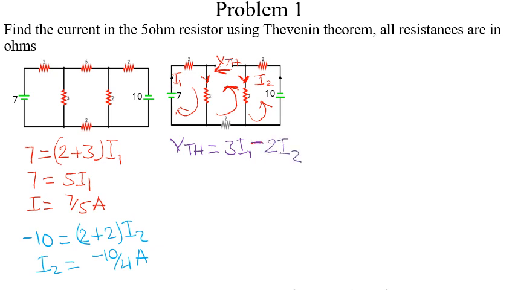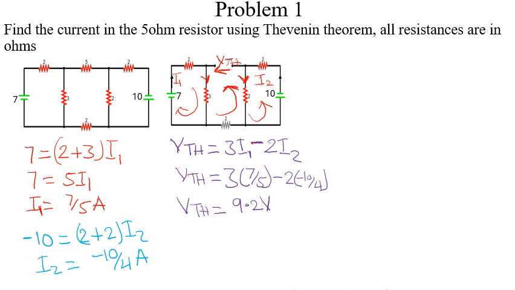We found the value of I1 and I2 already. So VTH is equals to 3 times 7 over 5 minus 2 times minus 10 over 4. After doing everything, we get VTH to be equals to 9.2 volts.